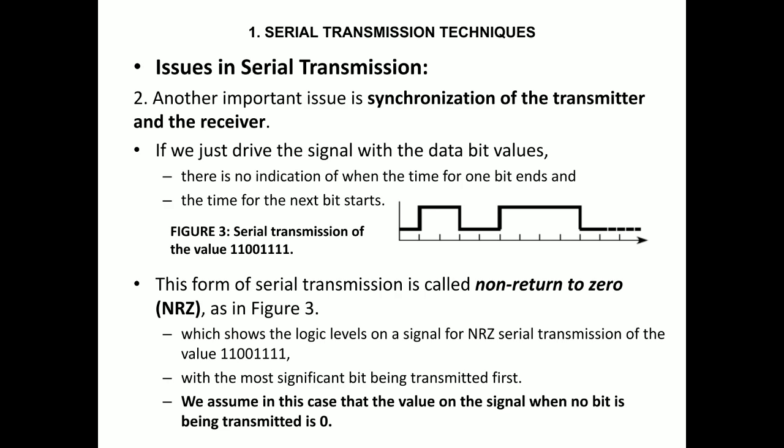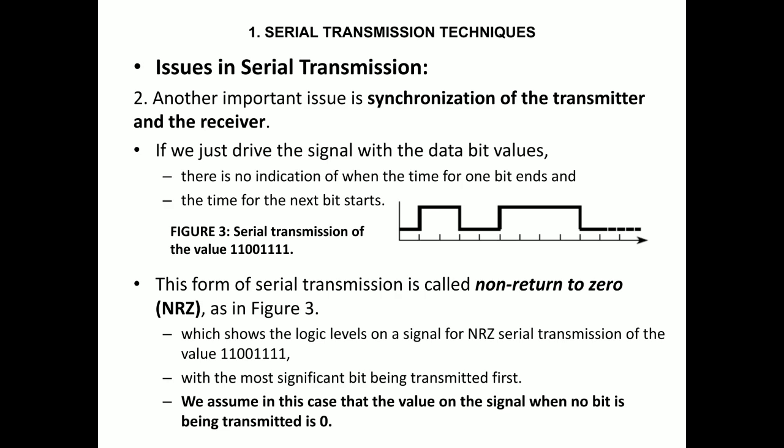Okay, this is the data we are going to transfer serially. This is a serial transmission. This waveform is the serial transmission of the value 1 1 0 0 1 1 1 1. This type of serial transmission is called NRZ, which means non-return to zero. It shows the logic levels of the signal 1100 1111. I hope the waveform is self-explanatory.